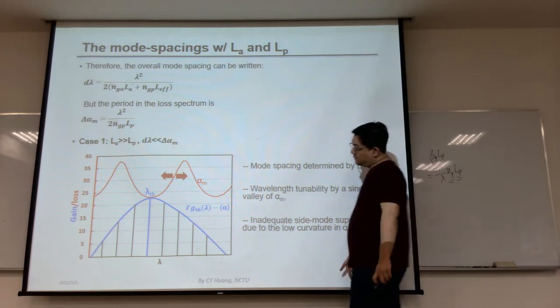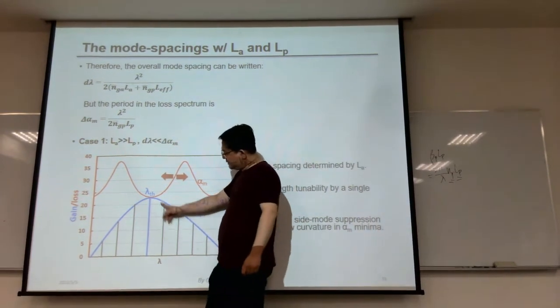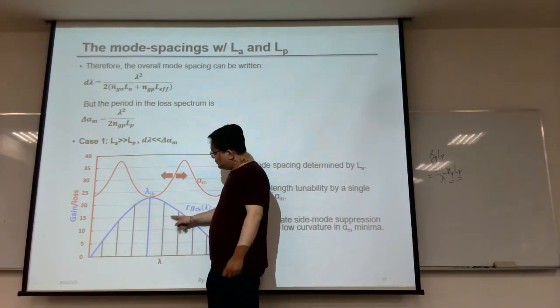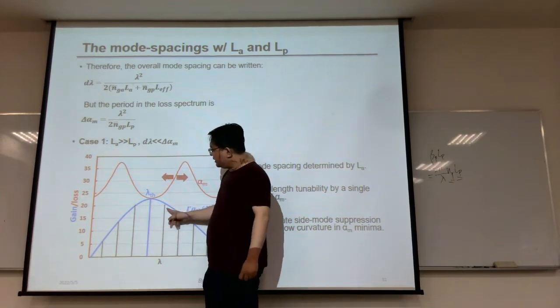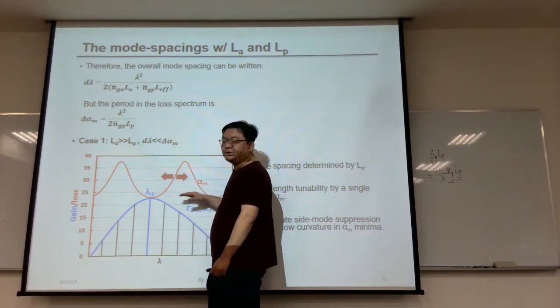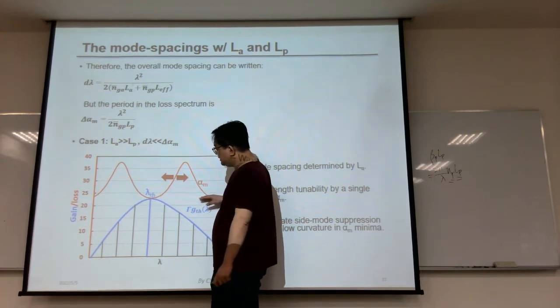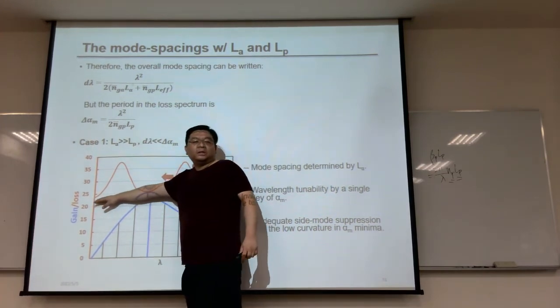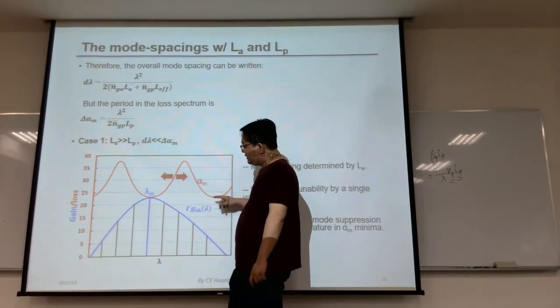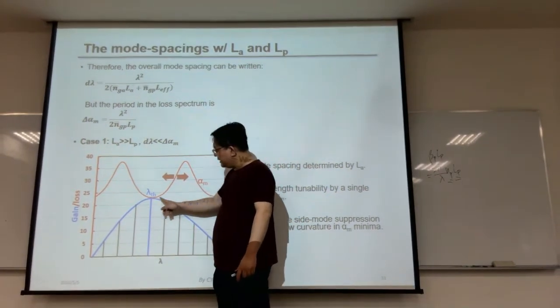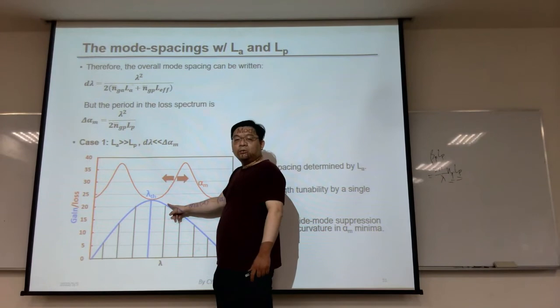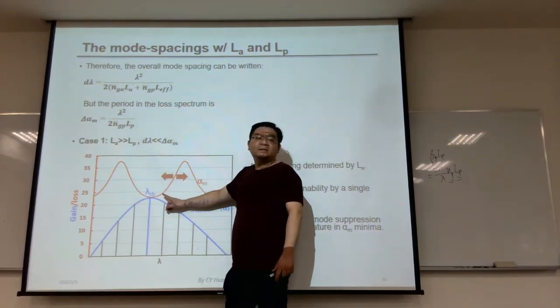Then, if there is a mode spacing like here, and originally if we just use a single facet with no variation in the loss spectrum, then this mode and this mode might lase at the same time.